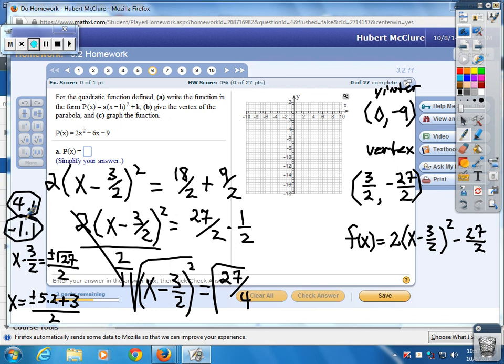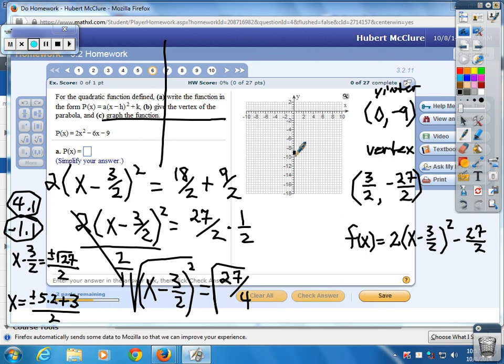Sketch it. You do have a graph right over there. (0, -9) is right there. 3 halves is 1 and 1/2, and 2 will go into 27 13 times, so that's negative 13 and a half.